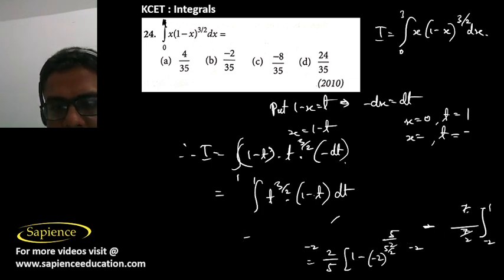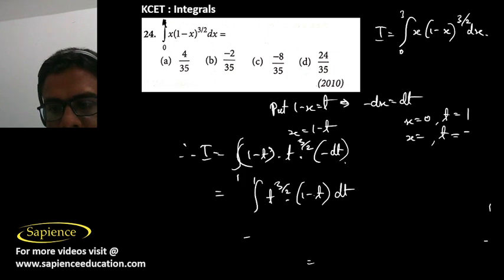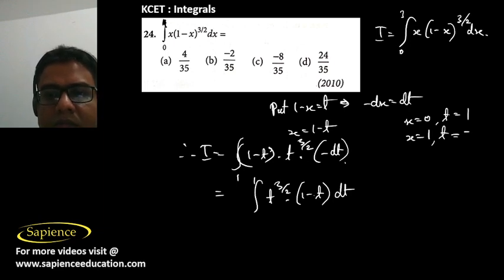Okay. Now it will be from 1 to... so x is 0 then t is 1, when x is 1 then t is 0, so it will go from 1 to 0. So this is 0 to 1.